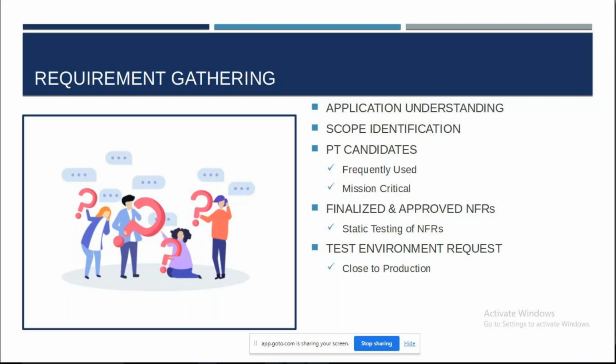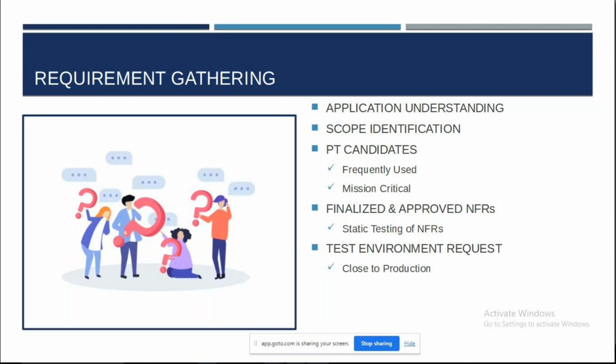So we also need one environment which will be close to production. You place a request with the test environment team during this requirement gathering that they need to provide an environment for performance testing, and that should be close to production. Close to production means your environment should not be beside the production environment.